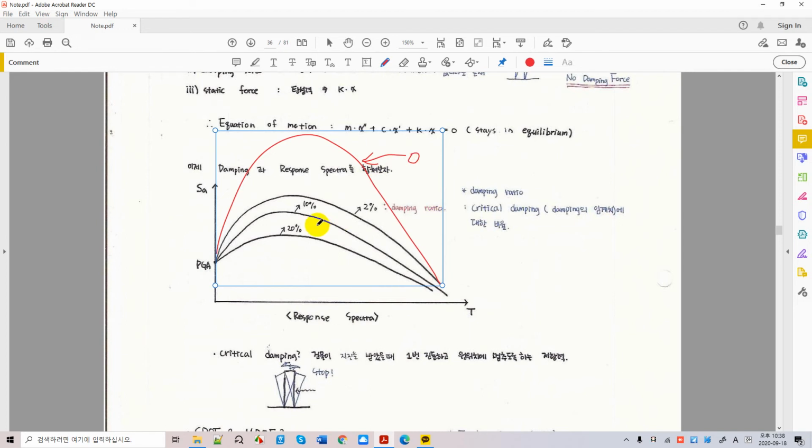Okay, and look at that. When you are here at T equals 0, what is this value called? This value is called the PGA. And when you have a big period, all the responses should go to 0, because you don't feel anything, because the building is very flexible.